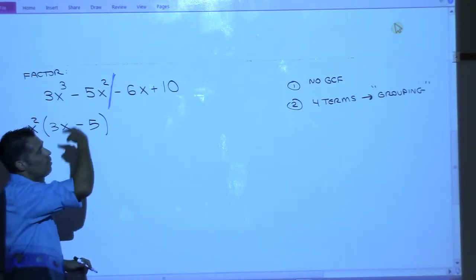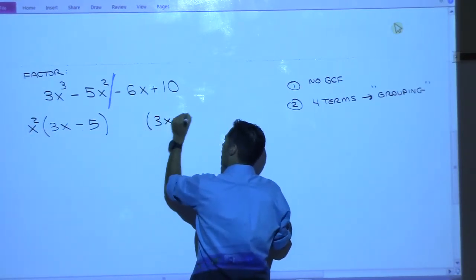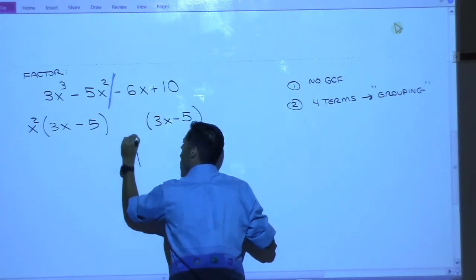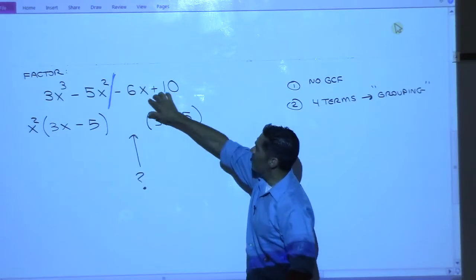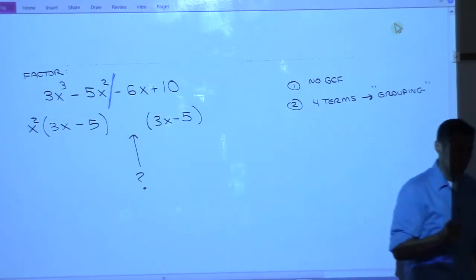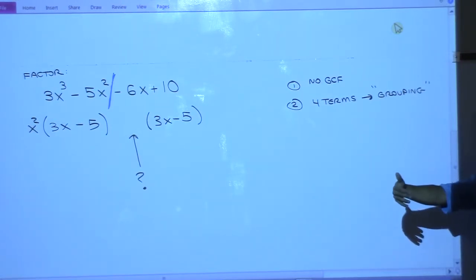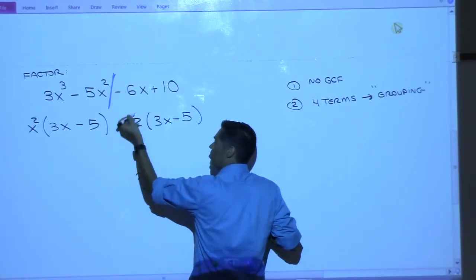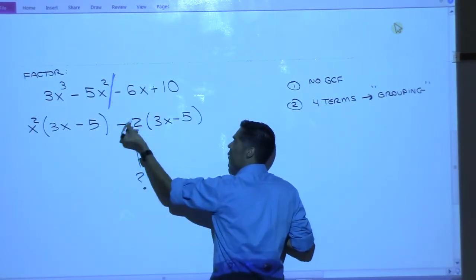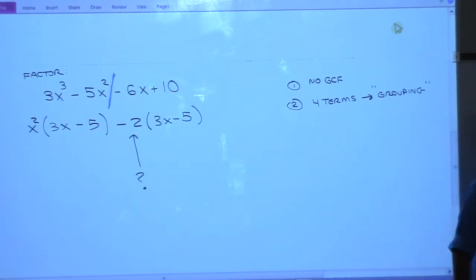So instead of thinking about what we want to pull out, I'm going to put over here 3x minus 5, and then I'm going to ask you what would have to go here in order to distribute back through to get back this. -2, right? Yes, you could have pulled a 2 out, but we actually want -2 to come out. So I'm going to put -2 here. And notice if you distribute that through, you get -6x, and then negative times negative gives you the +5, right? Okay. Any questions on that step?